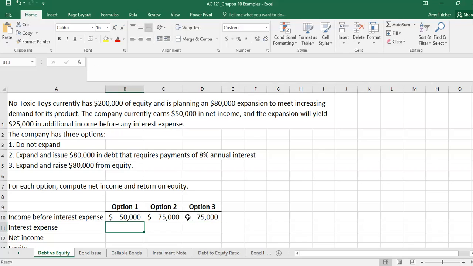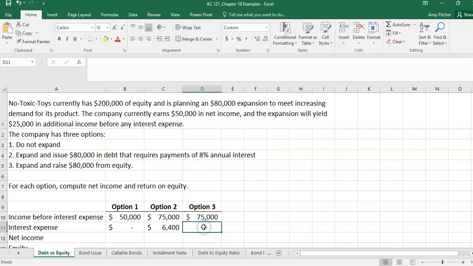If we do nothing, we have zero interest payments. If we expand and take on debt, we have to pay interest payments. So we pay an annual rate of 8%. So $80,000 times 8%. We have an interest payment of $6,400.